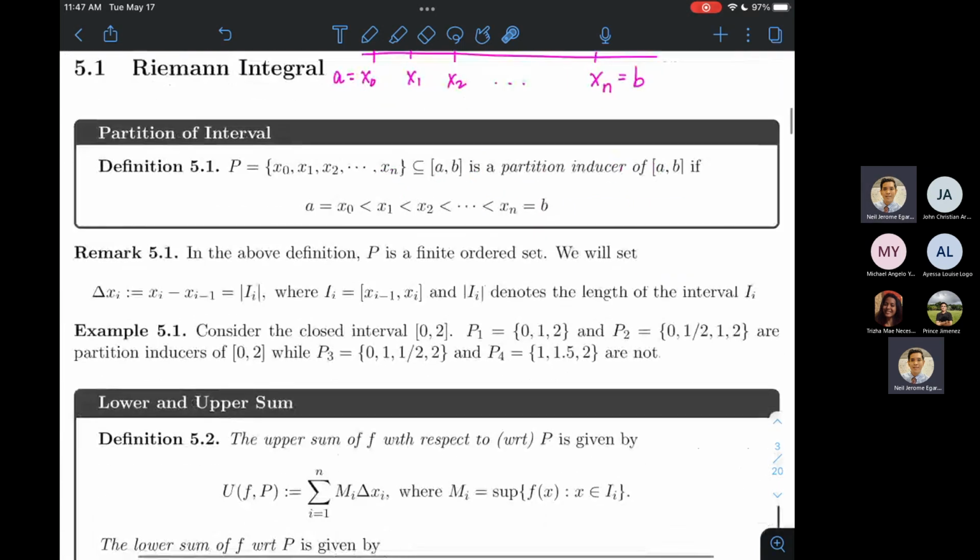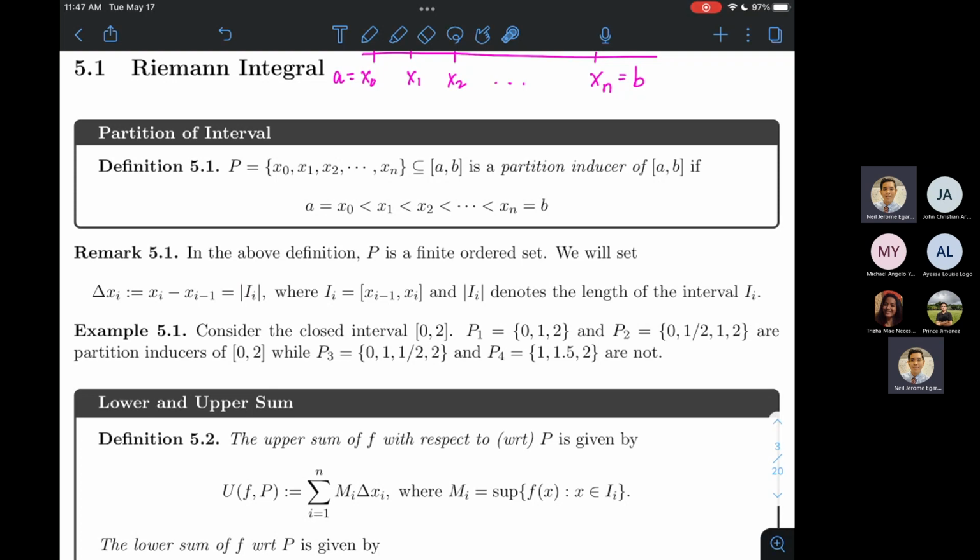And then we will also let delta of x sub i, or the change in x sub i, be x sub i minus x sub i minus 1, which is the absolute value of I sub i. I sub i is the closed interval from x sub i minus 1 to x sub i. The usual notation is that putting absolute value on an interval means the length of that interval.